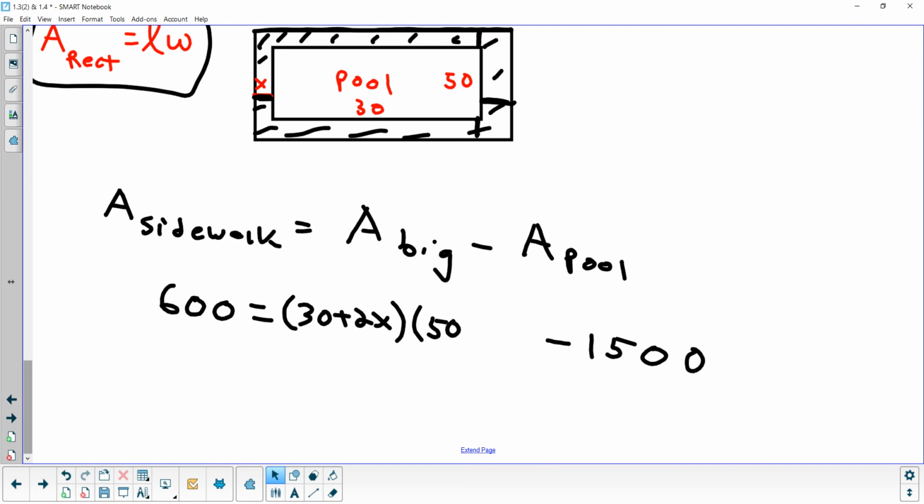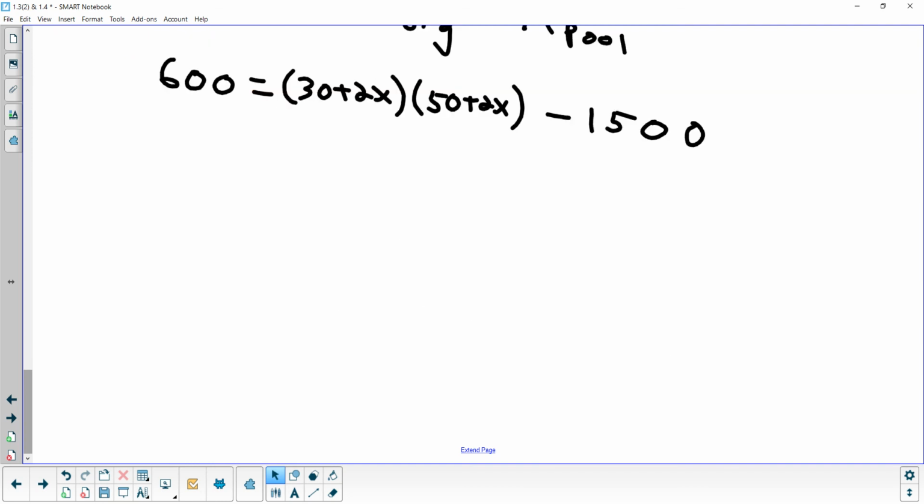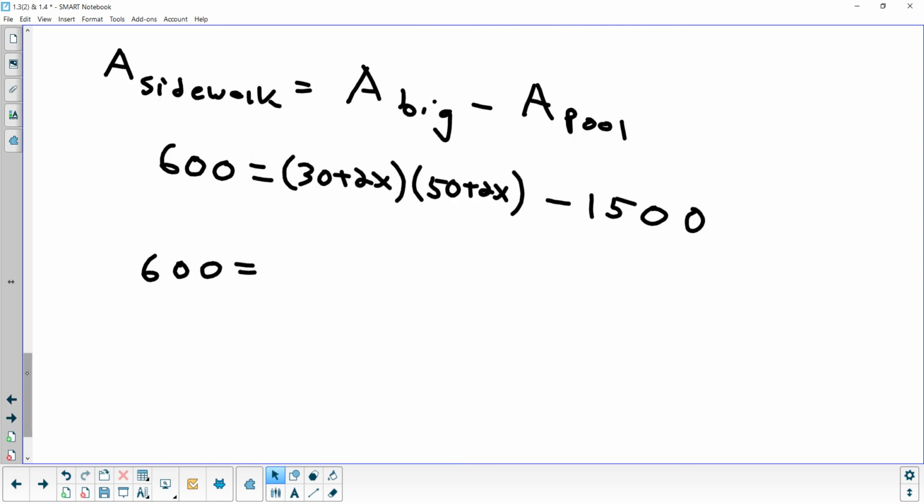All right, so now let's simplify that and see what we get. So 600 equals, remember those parentheses need to be FOILed, the double distributive property. So 1500, that's going to give me plus 60x plus 100x.